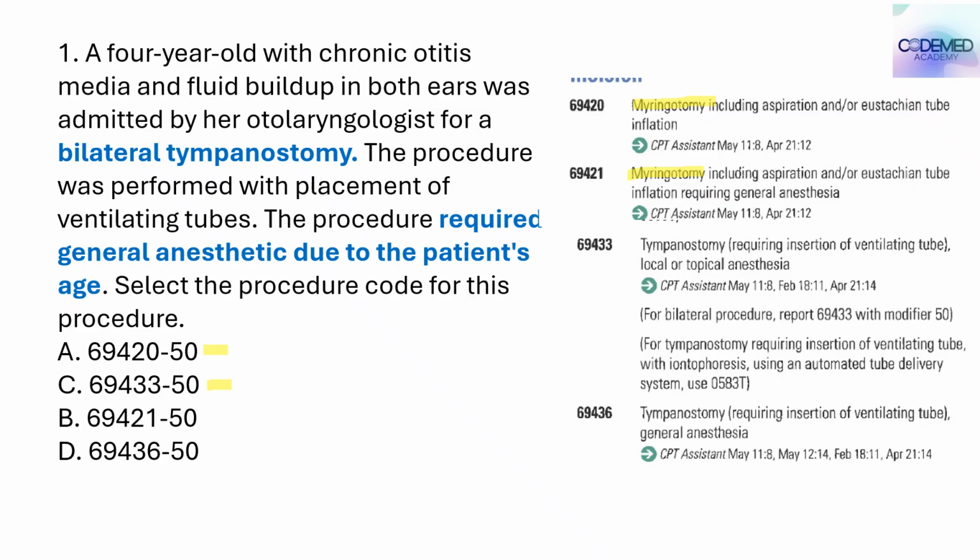So we cannot use these two codes, because the procedure is a tympanostomy. So 69433 and 69436, these are the two codes which we will consider. Between those, we need to zero down to one code. So what is the one sentence that will zero down your code? You tell me.